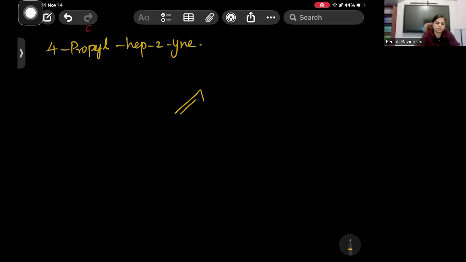Second position. Okay. Then, fourth position, there must be propyl. Propyl means 1, 2, 3. Right? So then, hept. So 7 carbons should be there.